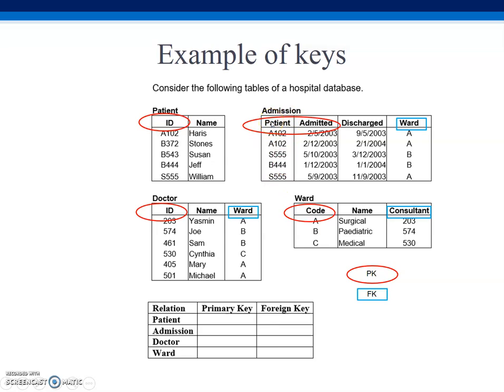But a combination of patient and admitted will be unique, assuming that the patient, once admitted, will not be discharged on the same day. Of course, we can argue over this, but assume for now that our business rule is such that when the patient is admitted into the hospital, that patient will stay for at least a day.